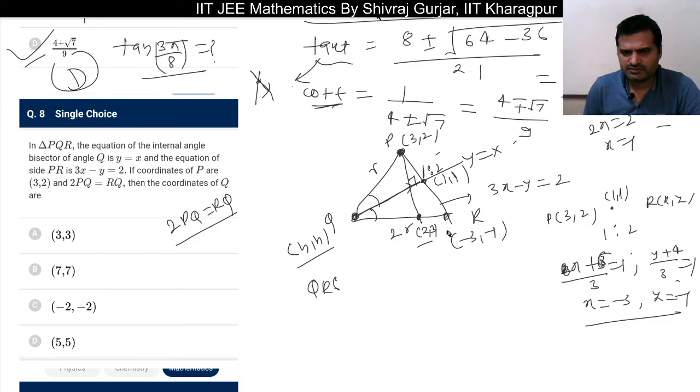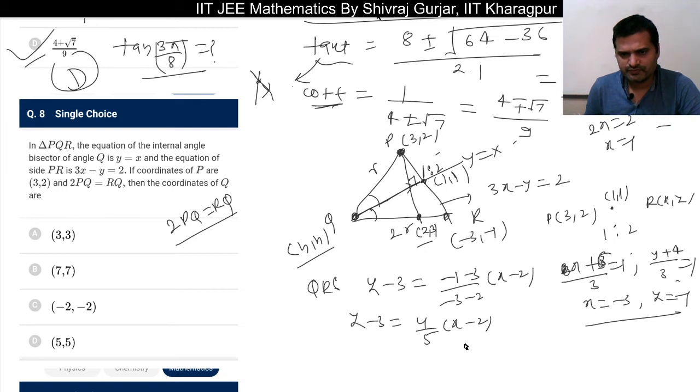Line QR is the line which passes through (2, 3) and (-3, -1). So y minus 3 equals slope times (x minus 2), where the slope is (-1 - 3)/(-3 - 2). So this is y minus 3 equals 4/5 times (x minus 2).